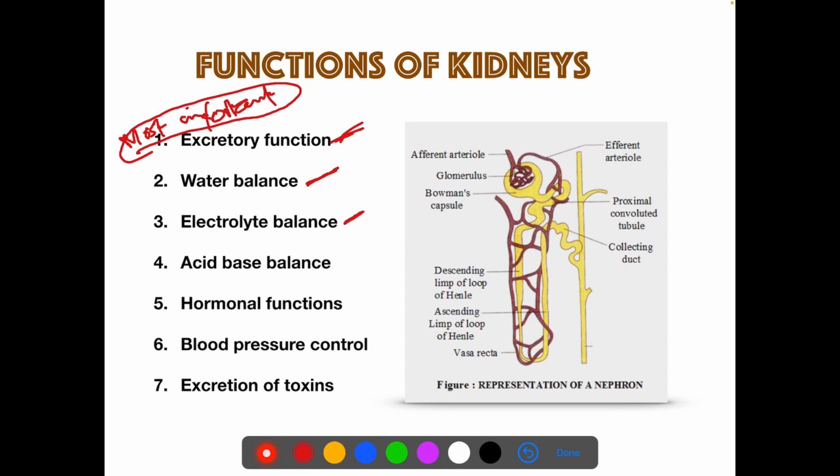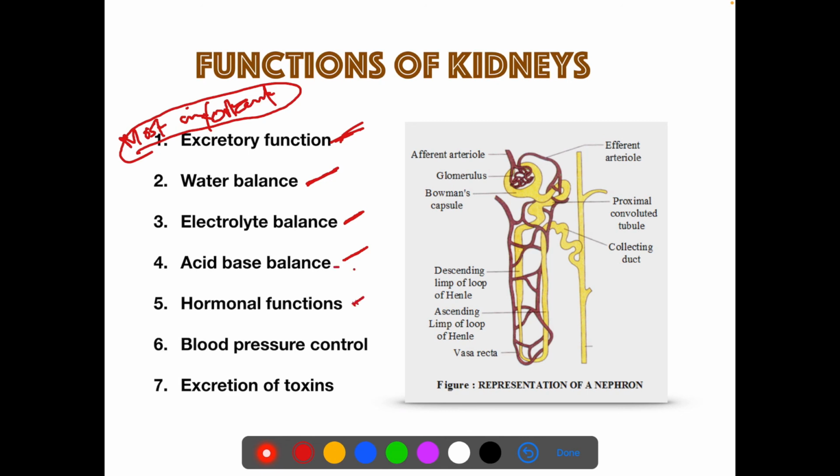Then it will help in maintaining the acid base status of our body by secreting H plus, which is produced in our body, as well as by reabsorbing bicarbonate and regenerating bicarbonate. It will help to maintain the acid base balance.